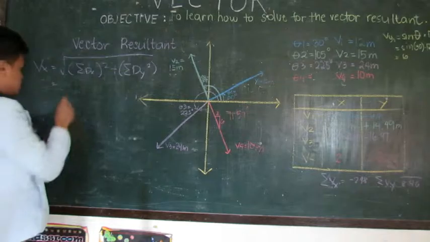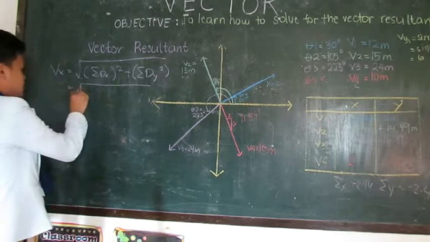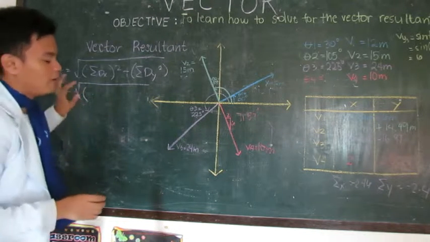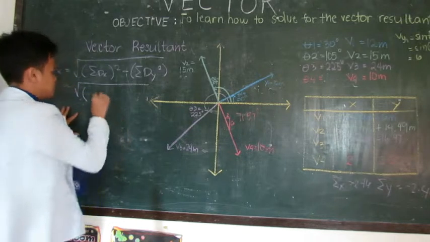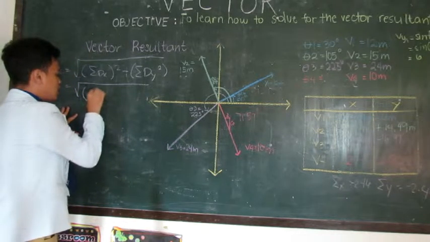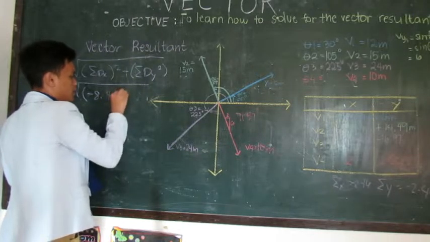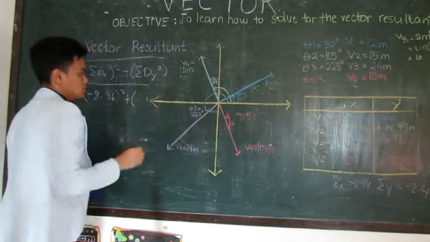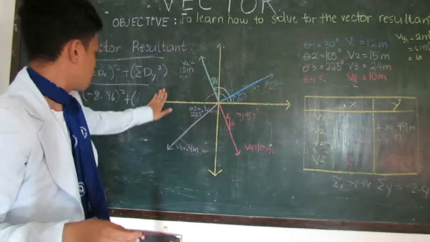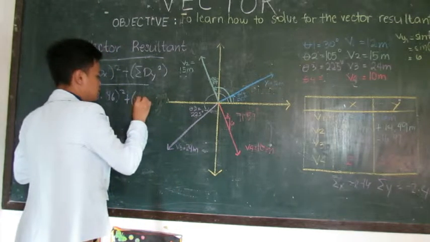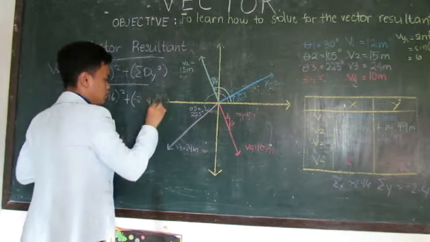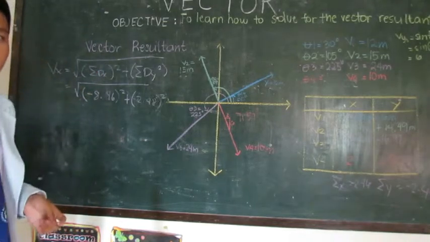So we'll now substitute. We have the summation of x, which is negative 8.46 squared, plus negative 2.48 squared. So we're going to use a calculator.